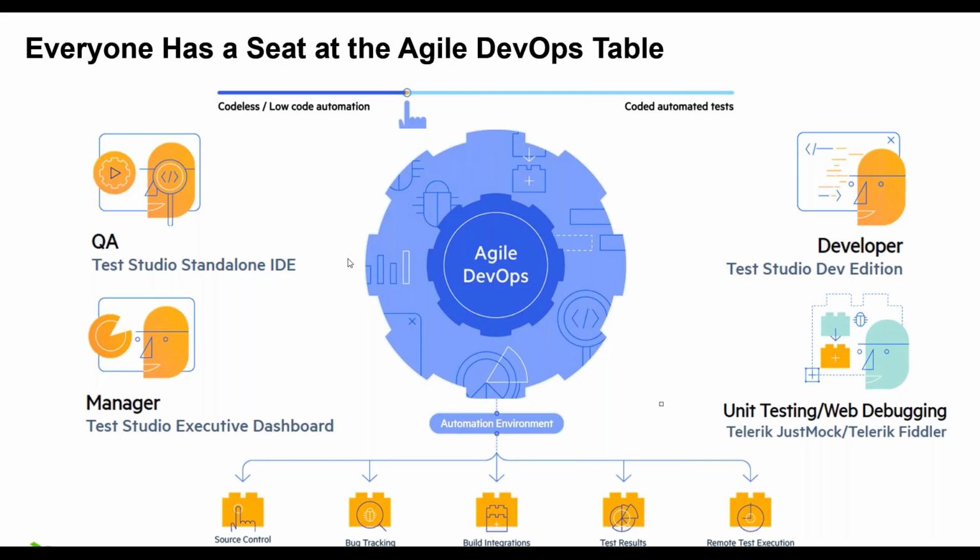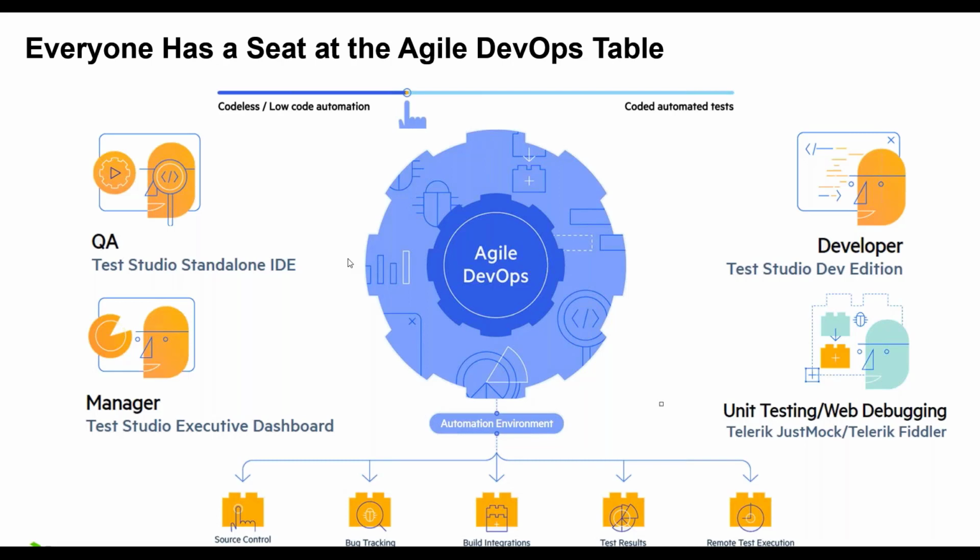On the other hand, we have the developers who are always here to help the QA department with some more tricky and difficult scenarios, which would involve a coded approach. That's why we have the Test Studio Dev Edition to use.